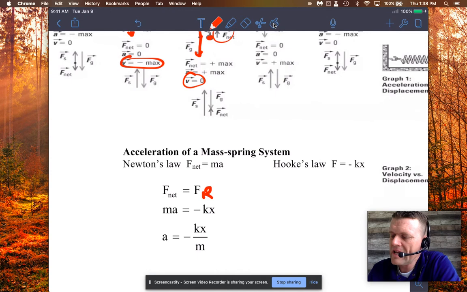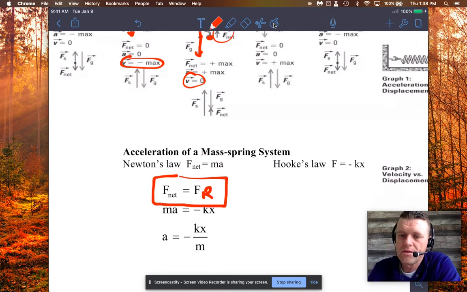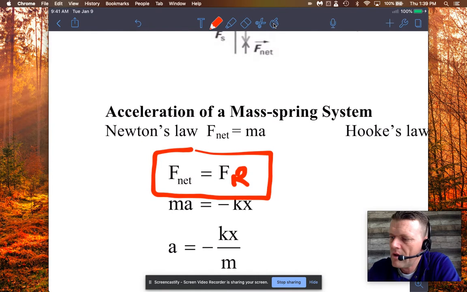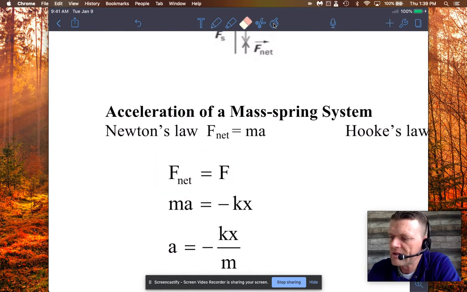So we can say that the net force is being caused by the spring, so F net is equal to Fr. And that simply expands. F net is just m times a net. I guess we could add that if you want, but the mass times the acceleration will equal negative kx.